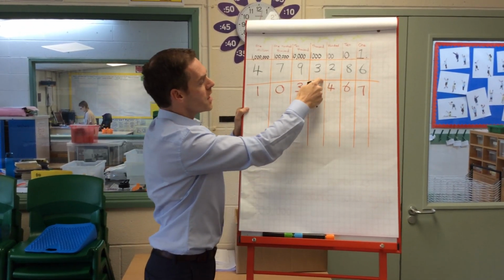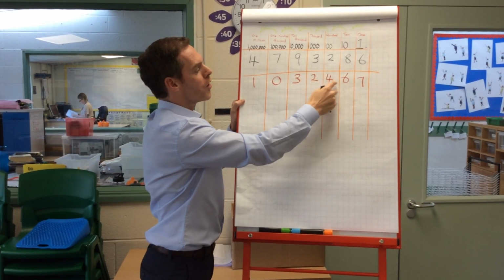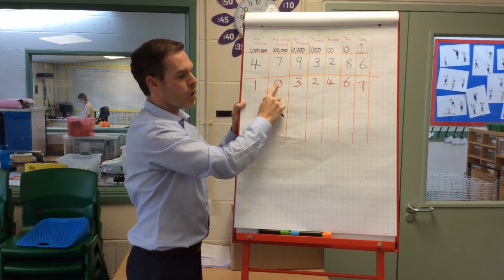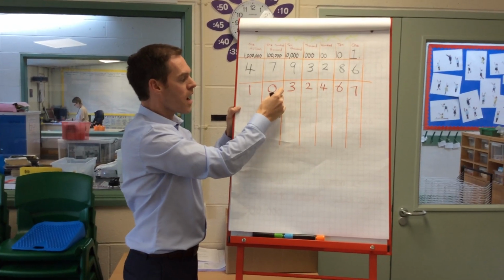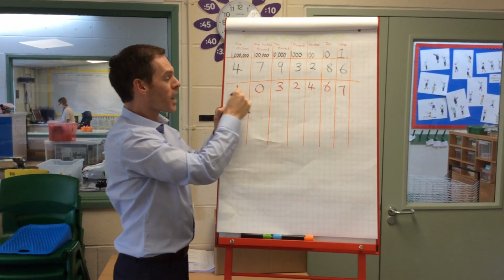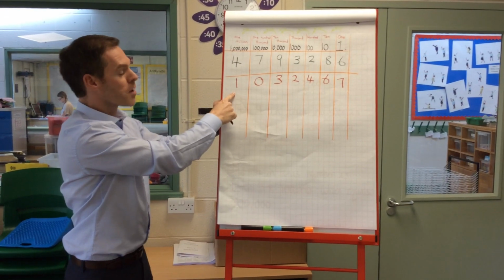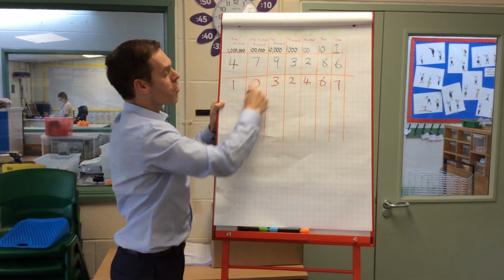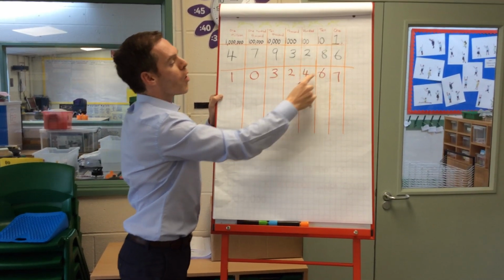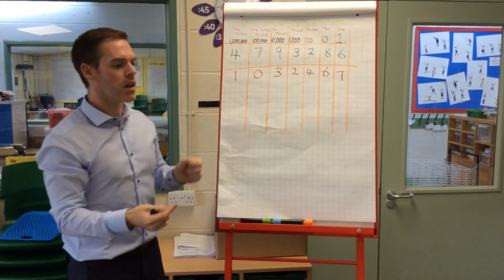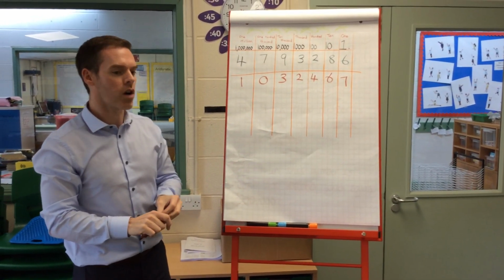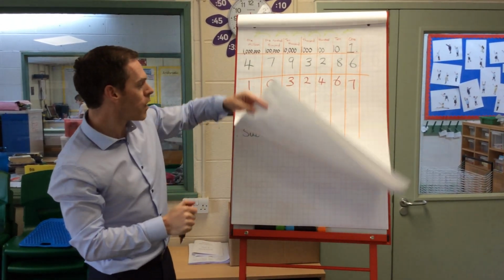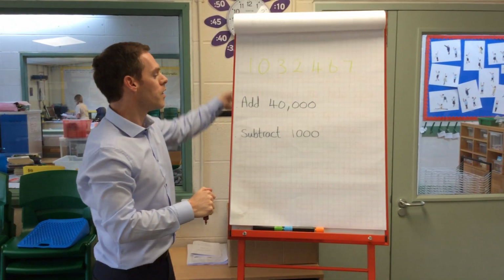So I've got 32,467. I don't have any 100,000s, so I can't add that in as something to say at the moment because I haven't got any. But I do have 1 million. So my number is 1,032,467. Okay? So remember that place value chart is really important to help you read the number.